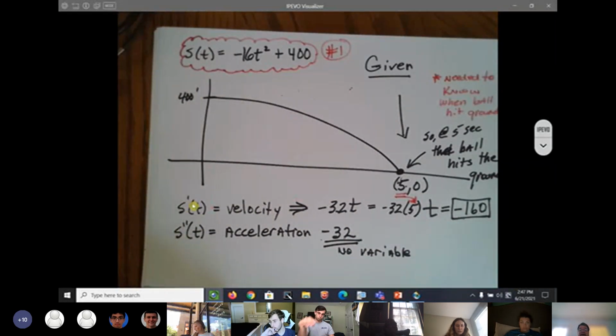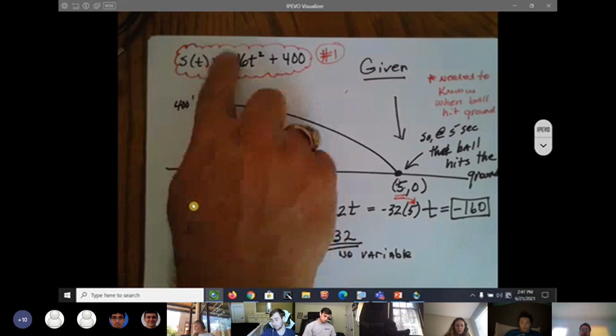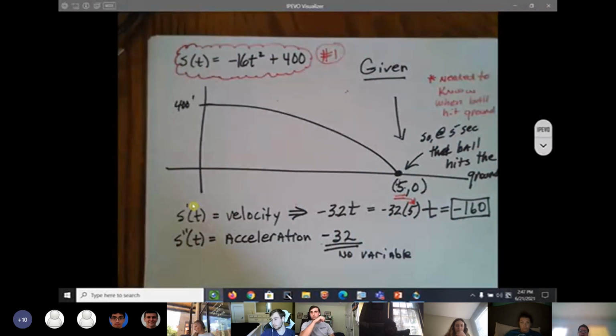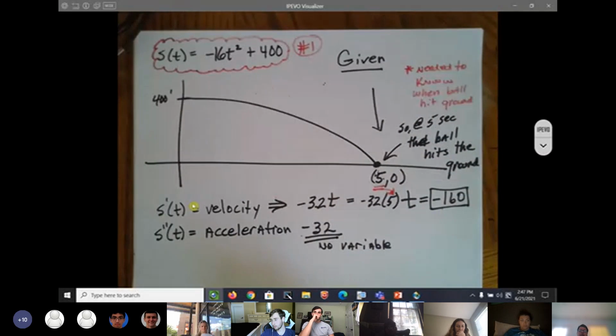Now, I can guarantee you you're going to see this on the test because I will give you a motion problem, because those of you taking physics, that's what you're headed toward. Okay? And there's the first derivative and there's the second derivative.